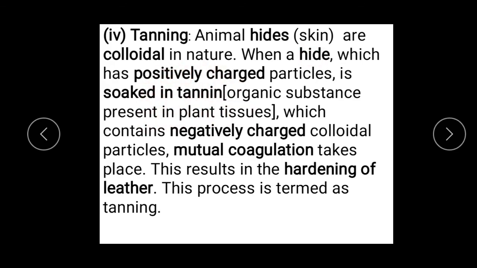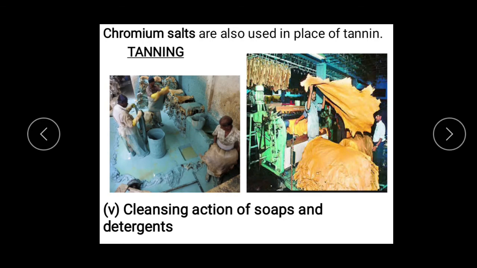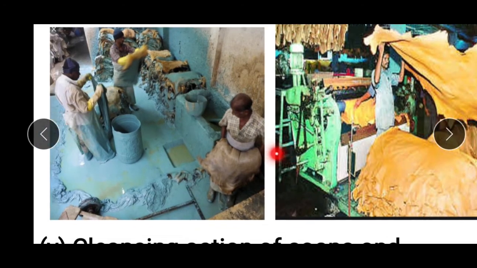So when we soak hide in tannin, tannin contains negatively charged colloidal particles and hide has positively charged particles. So mutual coagulation takes place and this results in hardening of leather, and this process is termed as tanning. Instead of tannin, sometimes chromium salts are also used during the process of tanning. So you can see here the tanning of leather being done.